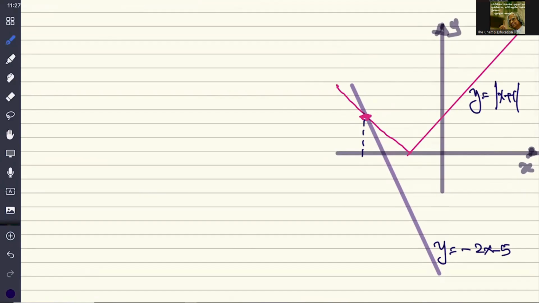So if you do that, you can see there is a question here, y equal to modulus of x plus 1, and if I write the question, modulus of x plus 1 equal to minus 2x minus 5. If you look at this question, this is an easy question. You can see there is only one intersection here, this one. Therefore, there will be only one solution.